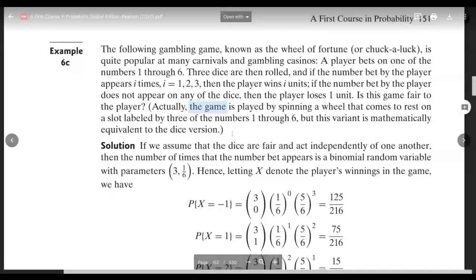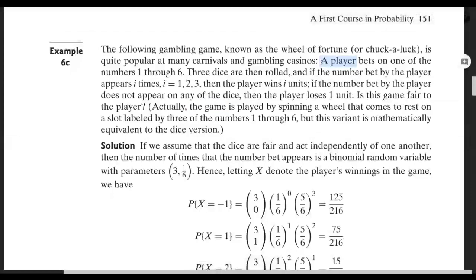Okay, I don't know if any of you have any idea about this. Let's read this again. A player bets on one of the numbers. Oh, okay. 3 dice are rolled. That's why i equals 1, 2, 3. Then the player wins i units. Or maybe you roll dice, you roll 3 of them.